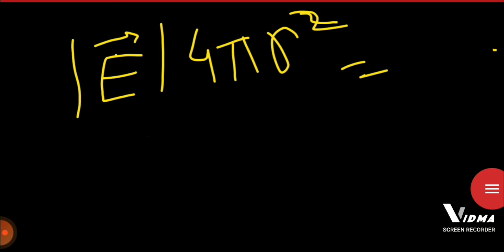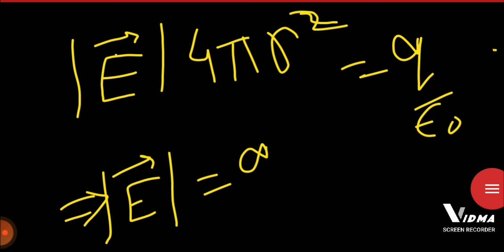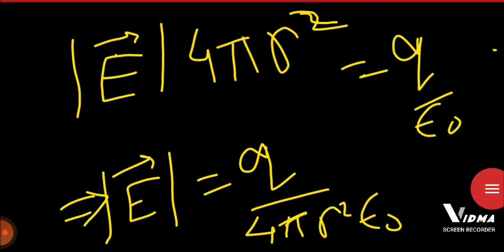So the magnitude of the electric field outside a uniformly charged solid sphere will be q by 4 pi epsilon naught r square. This is the magnitude of the electric field outside the uniformly charged solid sphere.